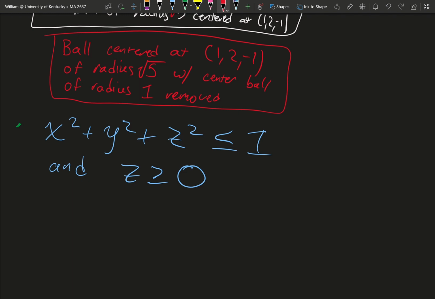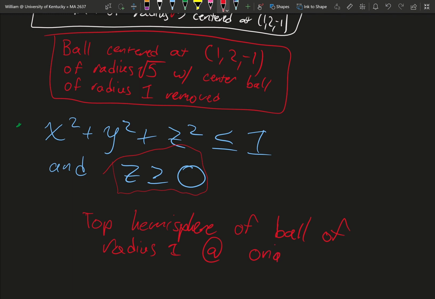However, this second inequality says I'm only taking things which have a positive z value. So if I put those together and sort of think about what that's going to look like, then I'm going to get the top hemisphere of the ball of radius 1 centered at the origin.